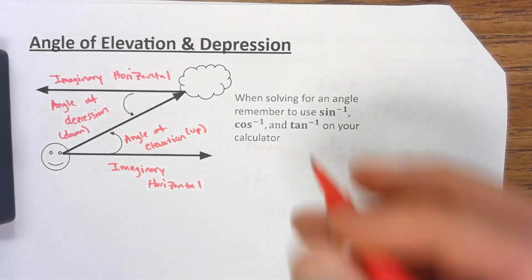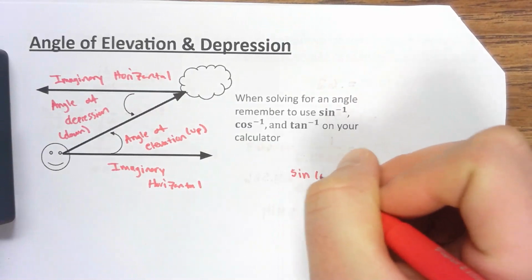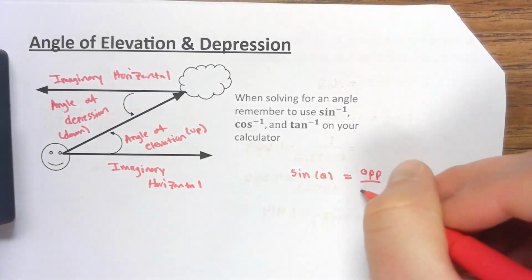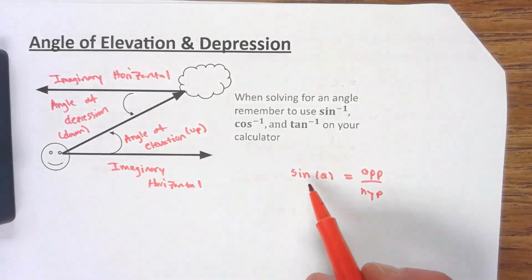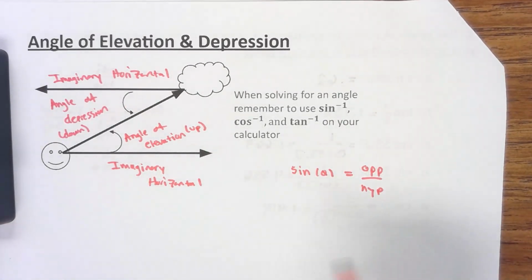So let's do one example here. If I have sine of theta, and we know that it's equal to the opposite side over the hypotenuse, well, if I want to solve for theta, we need a way to undo taking the sine of that angle theta. This also is a good reminder that you take trig functions of angles: sine of an angle, cosine of an angle, tangent of an angle.